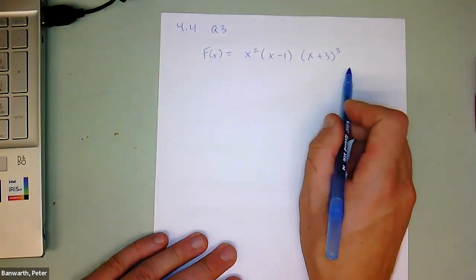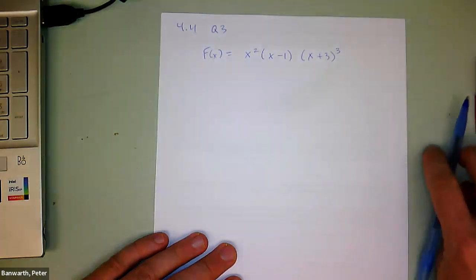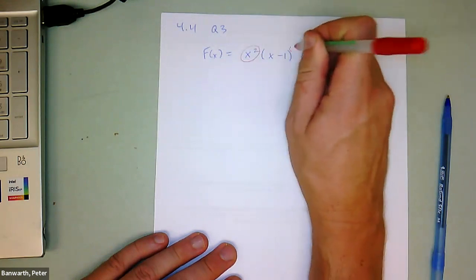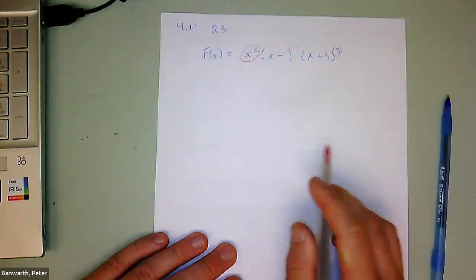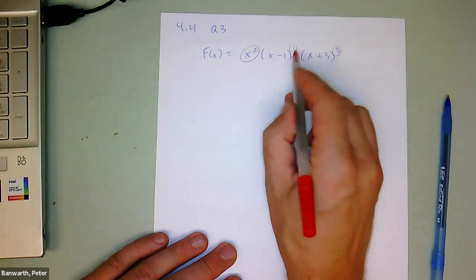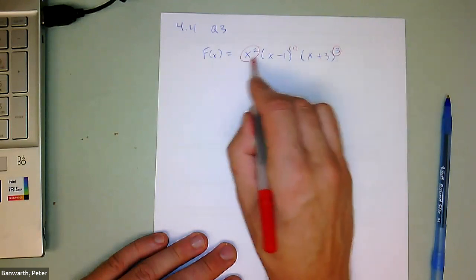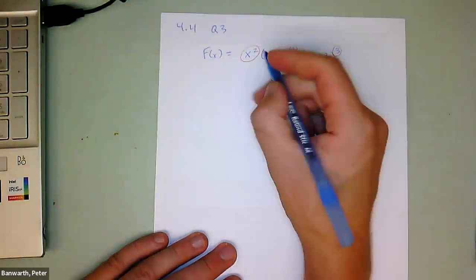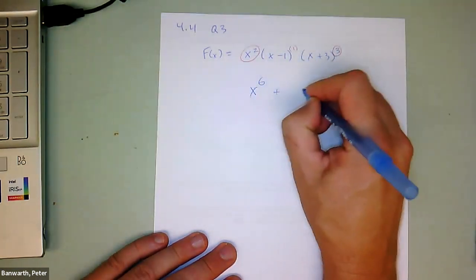I could multiply all of this out, but that's a lot of work. So instead, I'm just going to look at what's going on in the powers. I have a second power, a first power, and a third power. So if I were to multiply all of this out together, at the end, I'd end up with a 6 in my power.